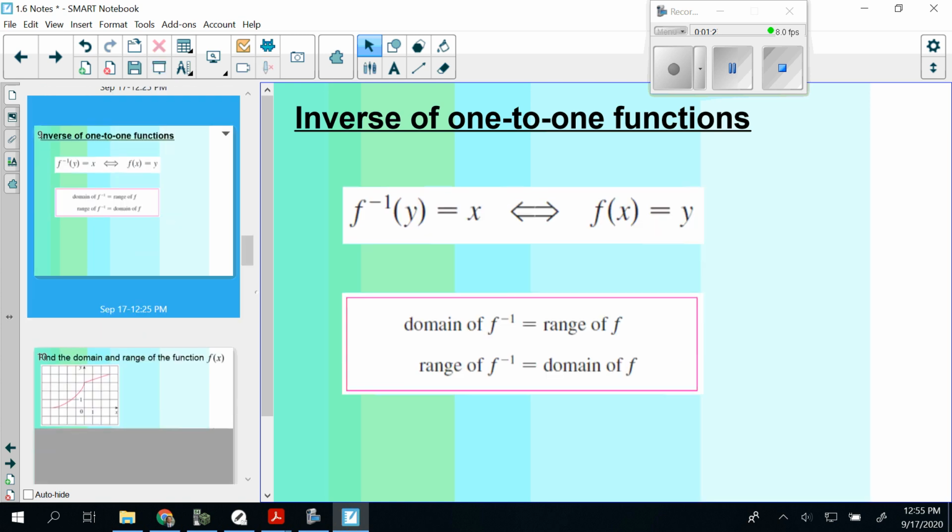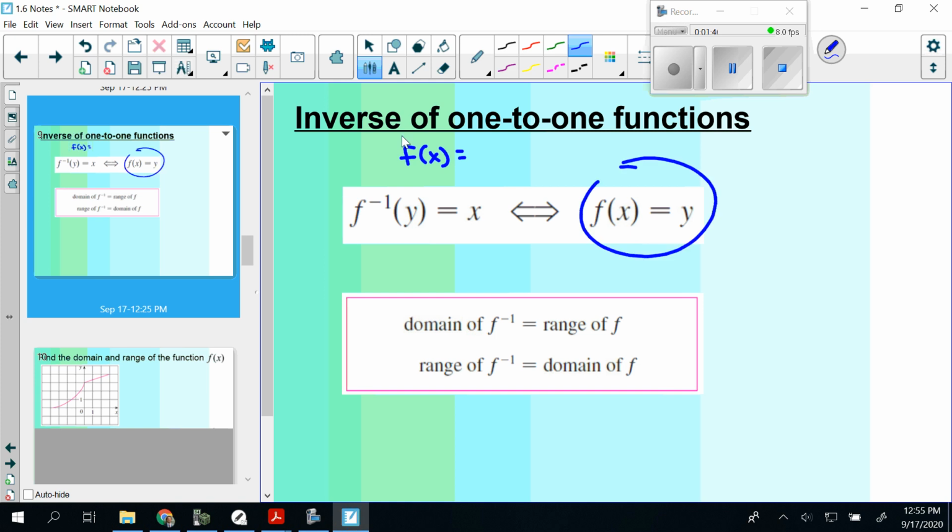So our result is that f of x always equals y, but if you do the inverse, that means you're doing the opposite.